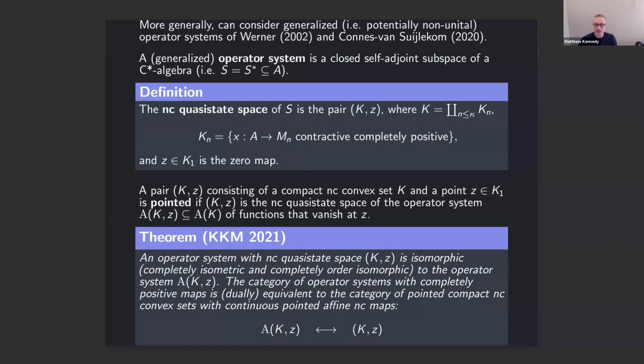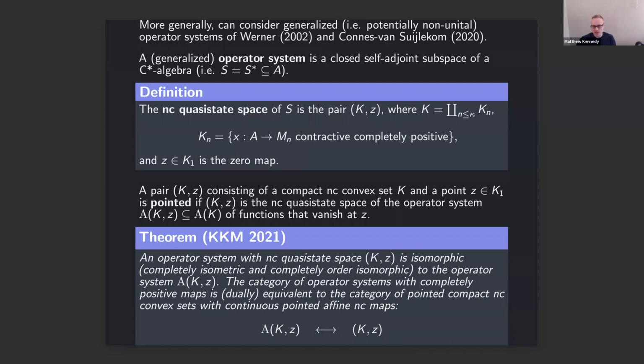And even in the classical commutative case, so if you like non-unital function systems, it seems that this theory hadn't been worked out. I'm sure that people were aware of how you could maybe formulate such a theory, but I haven't been able to find it written down anywhere. But you get a nice correspondence between operator systems and pointed compact NC convex sets in this sense.